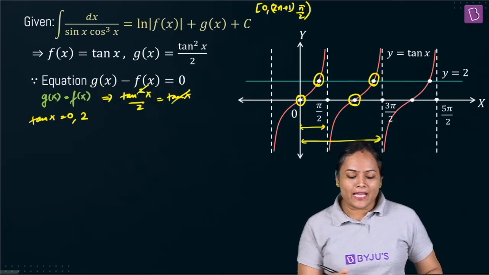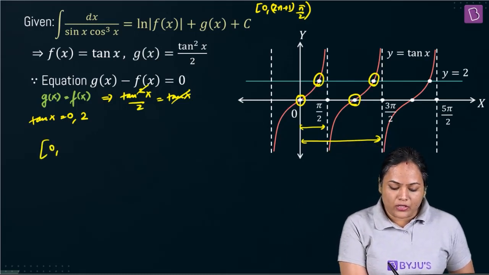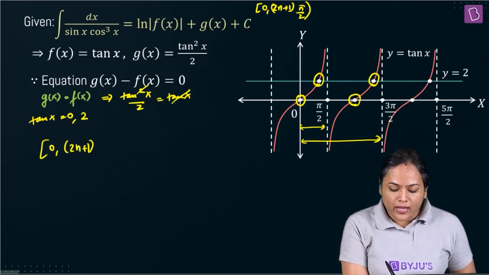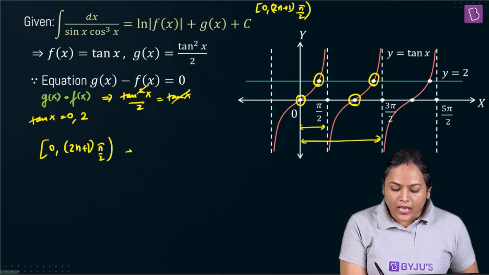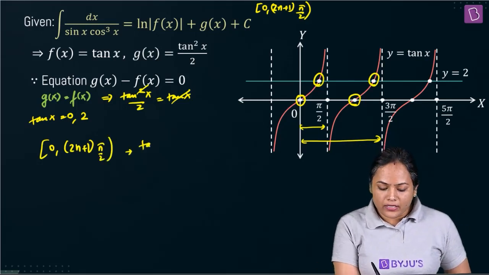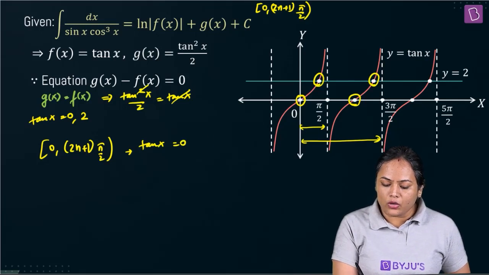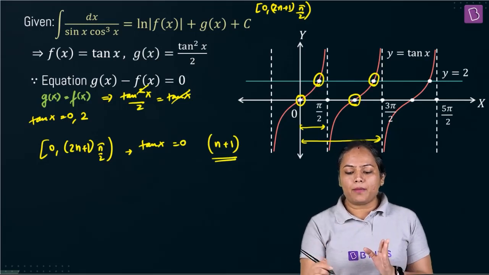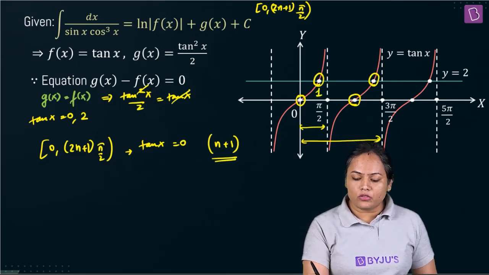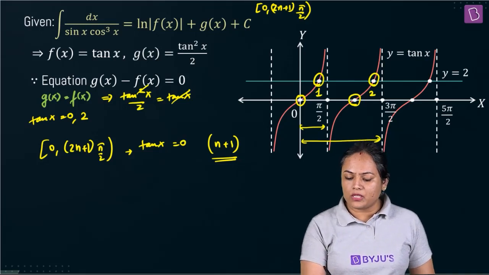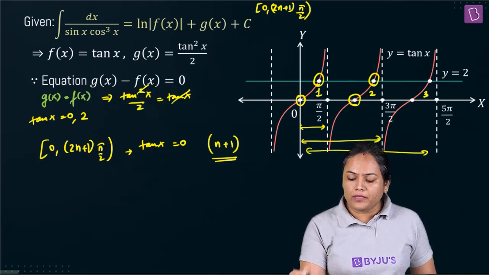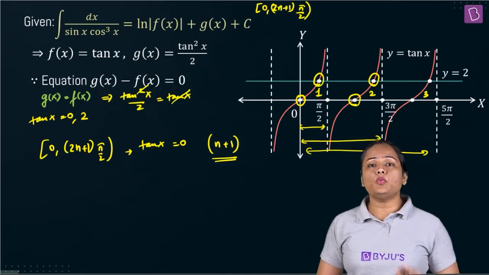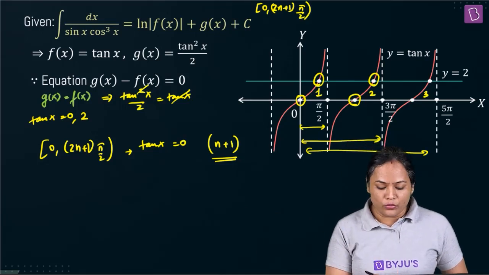So therefore, when I talk about 0 to (2n plus 1) pi by 2, I can say that for tan x equal to 0, I am going to have n plus 1 solutions. Got it? From 0 to pi by 2, it was 1. From 0 to 3 pi by 2, it was 2. From 0 to 5 pi by 2, it will be 3, and so on. So it will be n plus 1 for tan x equal to 0.